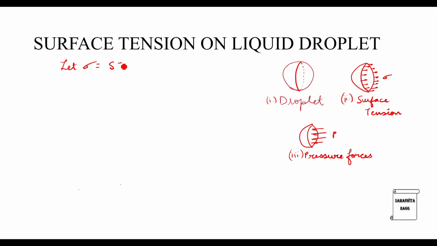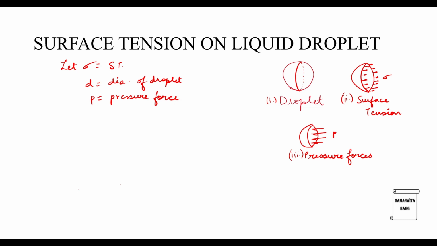As you are aware of it, the diameter of the droplet will be say d, and when I talk about the pressure force, which is inside the droplet, this will be indicated by p.